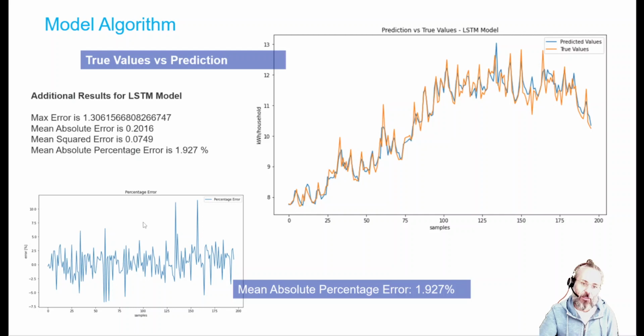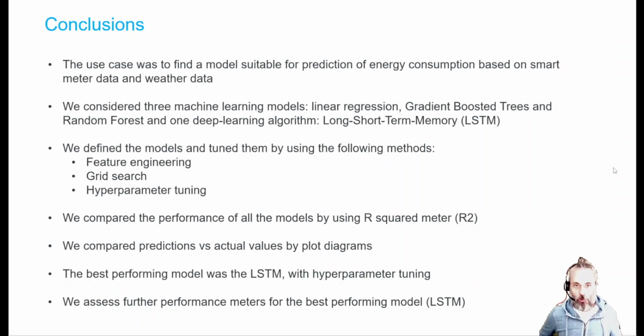In this last plot, we see the error percentage for each prediction point, and we see that the maximum values are above 10% but below 12.5%. There are only a few spots, but the average, as we said before, is 1.927%.